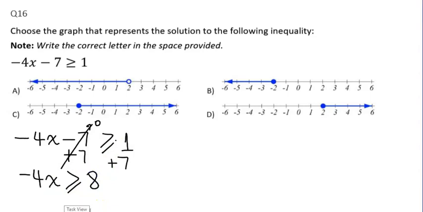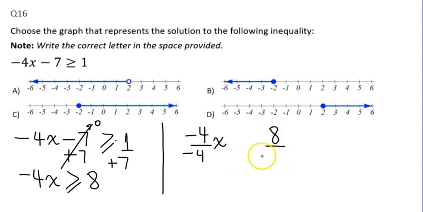Now is what you're asking. So what do I have to do to make this a 1? Divide by negative 4. So then I'm going to write negative 4 divided by negative 4x. And I have to do the same on the other side, negative 4. Then what happened here? It flips.